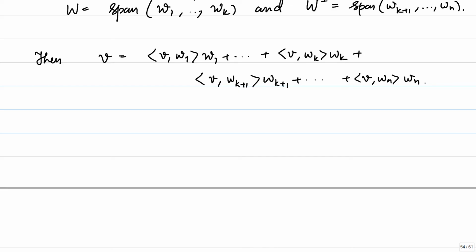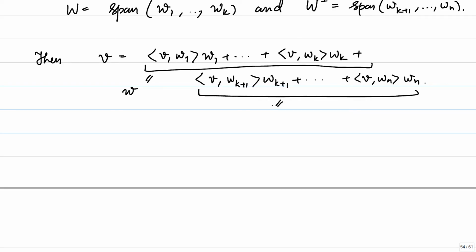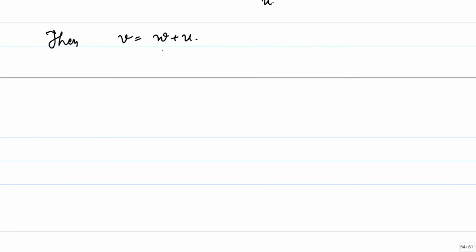Let's call the first part small w and the second part small u. Then v is equal to w plus u. Then w is clearly in capital W and u is in the orthogonal complement of capital W, because w is in the span of W1 to Wk, which is a basis of capital W, and u is in the span of Wk plus 1 to Wn, which is a basis of the orthogonal complement of W.